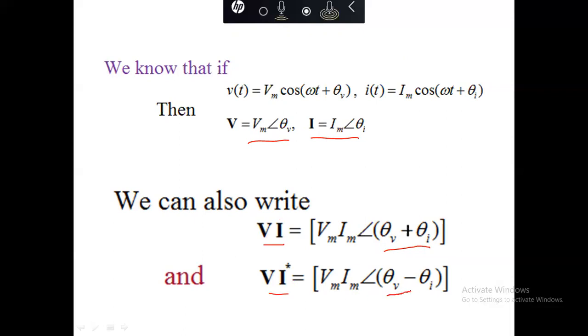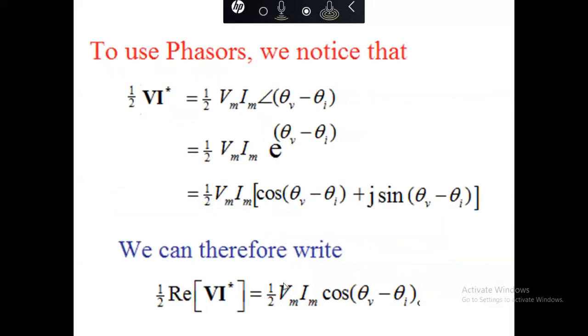So it is theta V minus theta I. We have to take the VI conjugate, and we know that half of VI conjugate is equal to this relationship, and we write this in exponential form, and using Euler's formula we can write it in sine and cosine form.